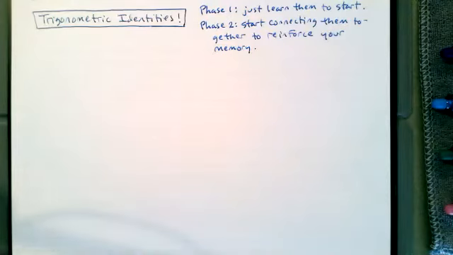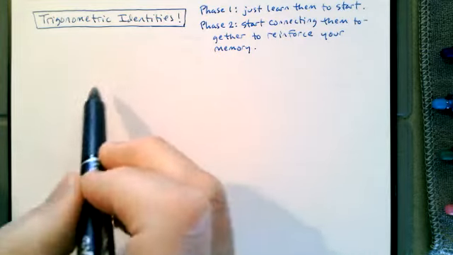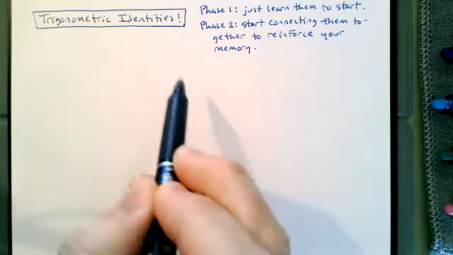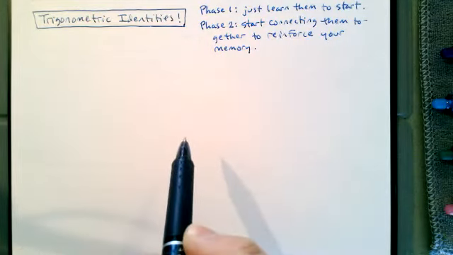Trig identities is where we start seeing how all the trig functions are connected. All the trig functions are related. We could see some of those relationships in the unit circle, but it goes beyond that.